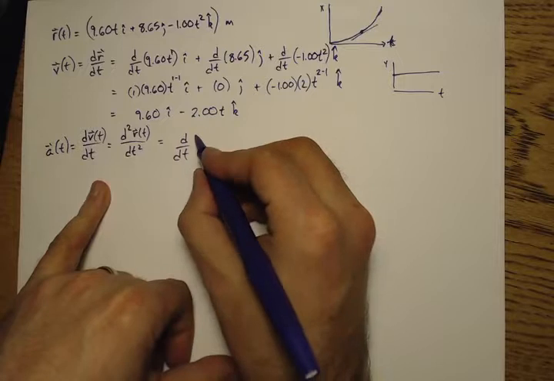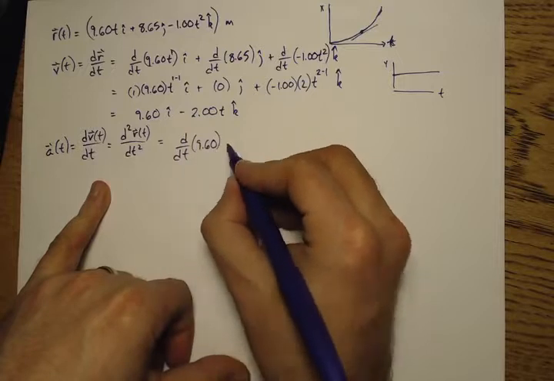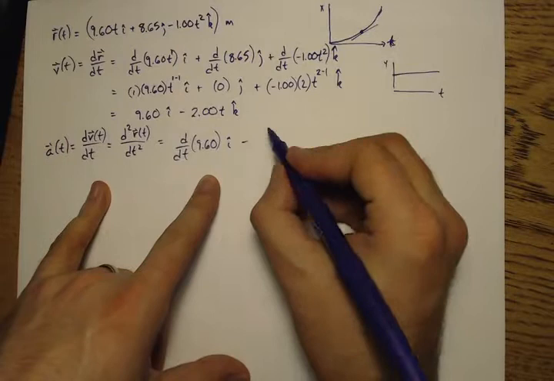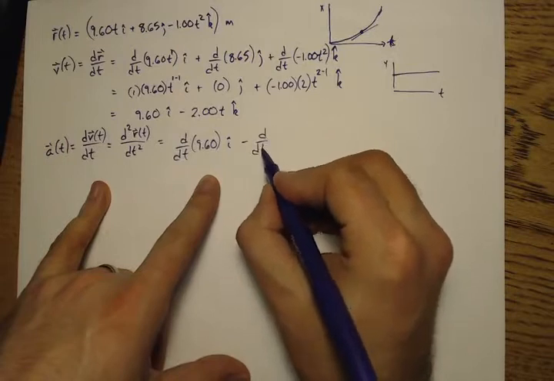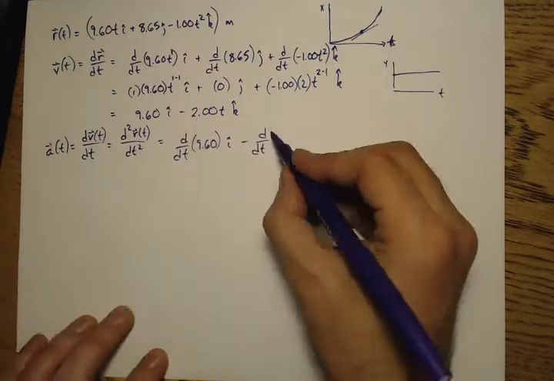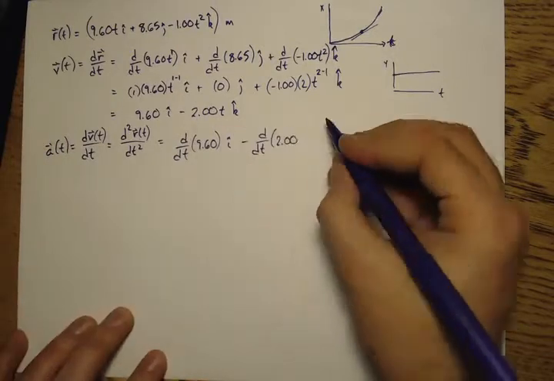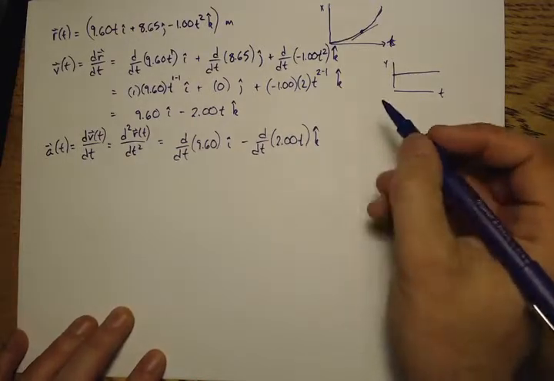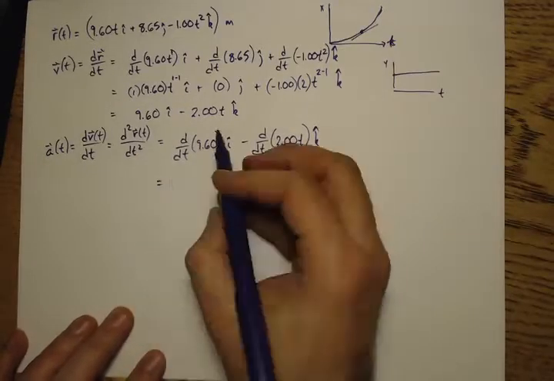d/dt of 9.60 in the i hat direction. I'll take the minus sign out front here now. Minus derivative with respect to time of 2.00 times time, and that's in the k hat direction. Well, 9.6 is always 9.6.